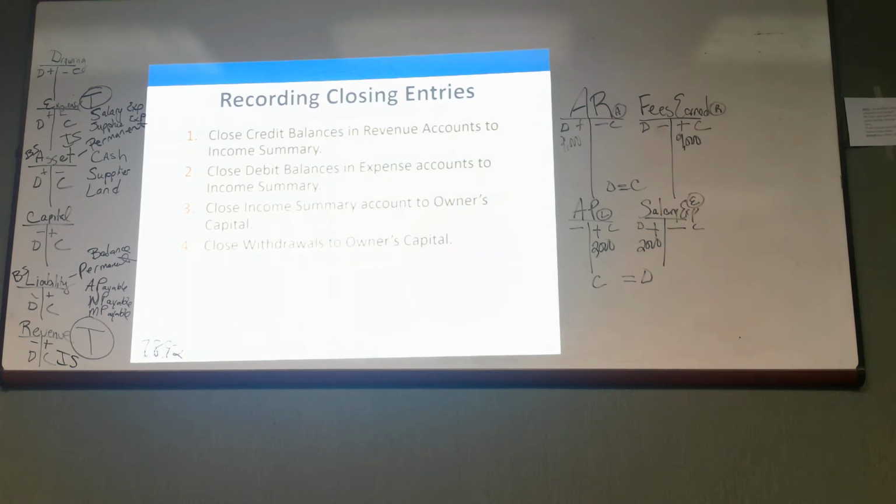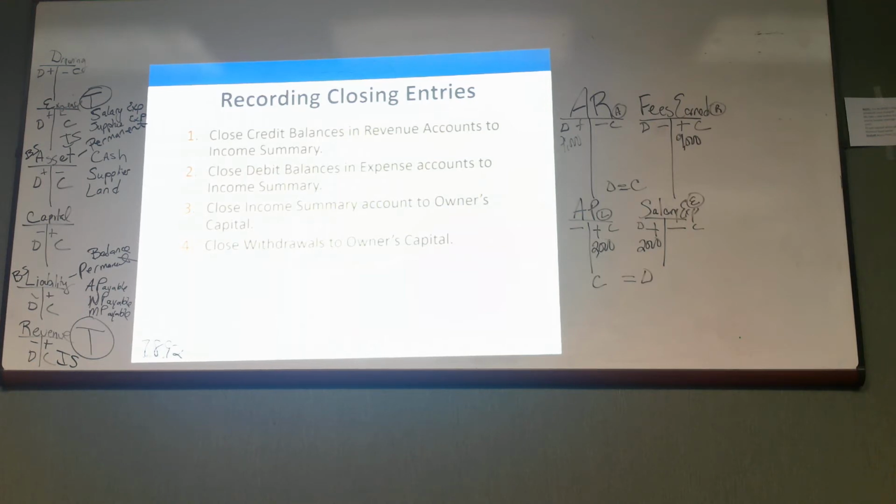Okay, so close credit balances in revenue accounts to income summary. Close debit balances in expense accounts to income summary. Close income summary to owner's capital, and close withdrawals to owner's capital. These are the 4 steps needed to record the closing entries. That needs to be memorized so that you know your 4 steps. 1 and 2 are going to be easy.